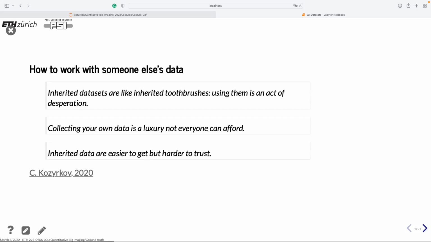And you have to do it sometimes, just because collecting data is really a luxury. You maybe don't have the funds. You may not have the lab time to do it at all. So that's why you have to actually get this in. And it's very easy, or comparably easy, to get someone else's data, but it's harder to trust.